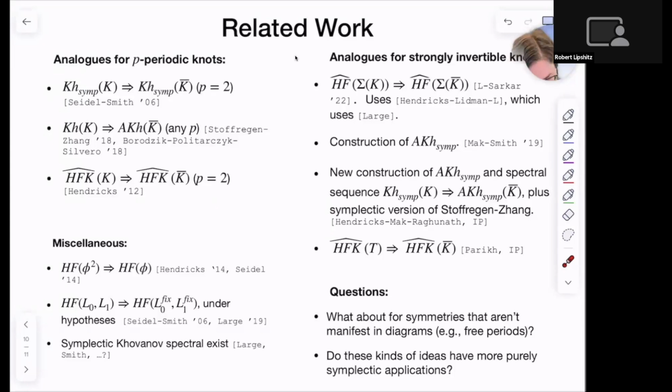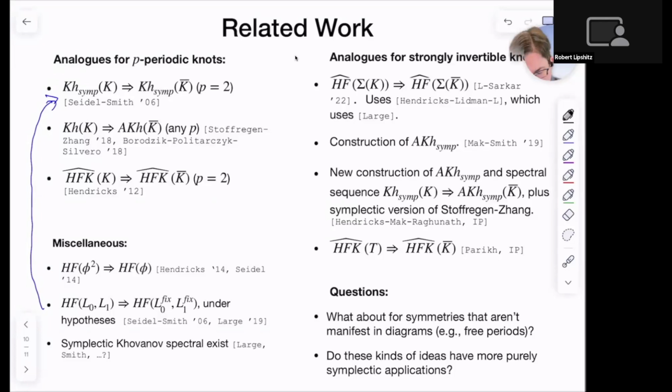There's a general story for Lagrangian intersection Floer homology under quite restrictive hypotheses, relating the Floer homology of a pair of Lagrangians and the Floer homology of the fixed sets. So that was a tool that they introduced and that they applied to Khovanov homology.